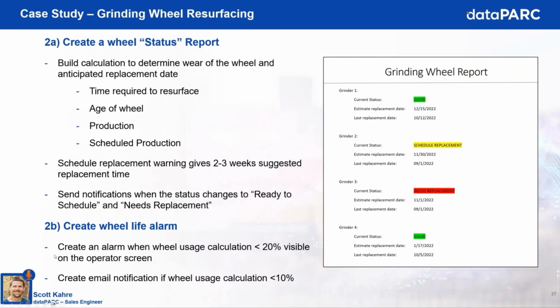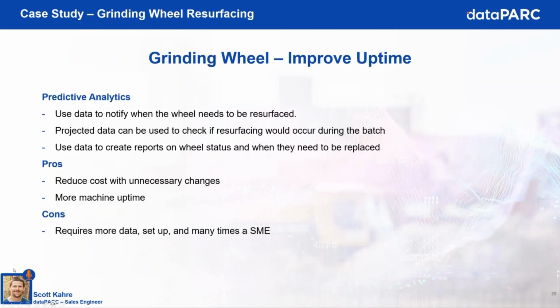So in summary, you could use data to notify the right people when the grinding wheels need to be resurfaced or replaced. You can calculate a simple projection to look and see whether there's enough life left to complete the batch that you're planning. And then you can create reports and alarms based on that calculated life of the wheels.